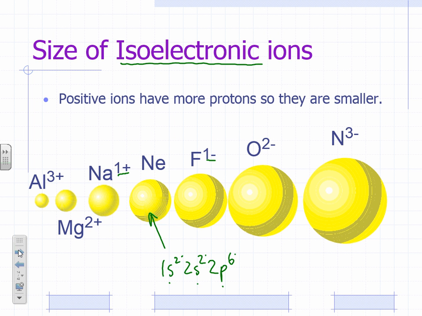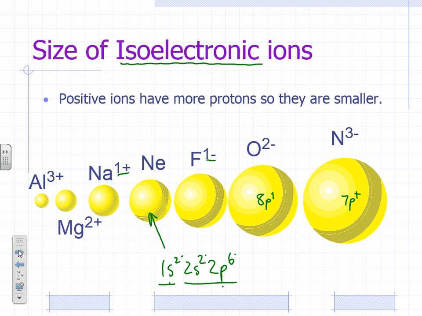But the thing that's changing, the number of electrons remains constant. The number of shells remains constant. There's one main shell, a second main shell, the number of subshells remains constant. But the thing that's changing is the number of protons, the nuclear pull. So nitrogen is element number 7. It has 7 protons. Oxygen is element number 8.